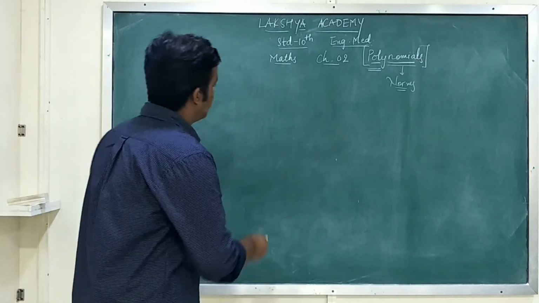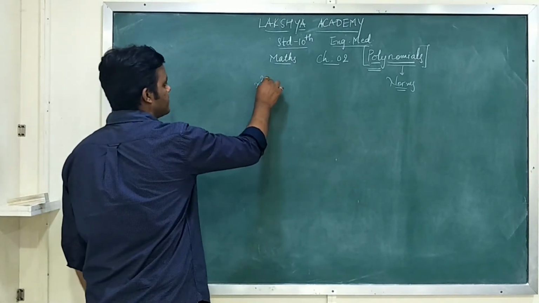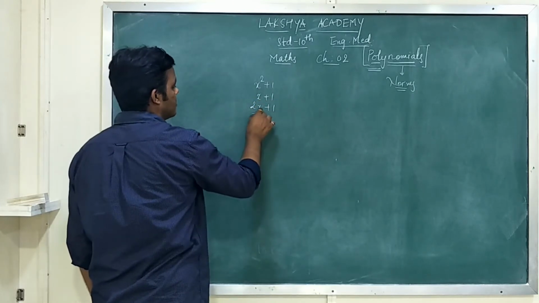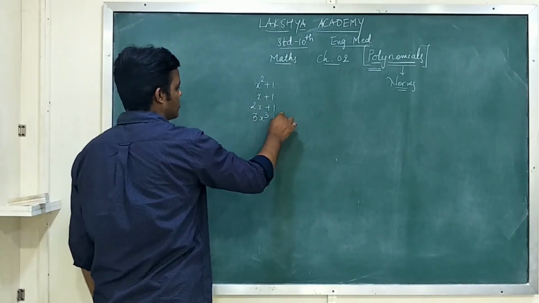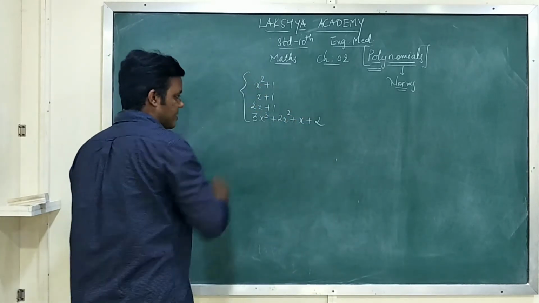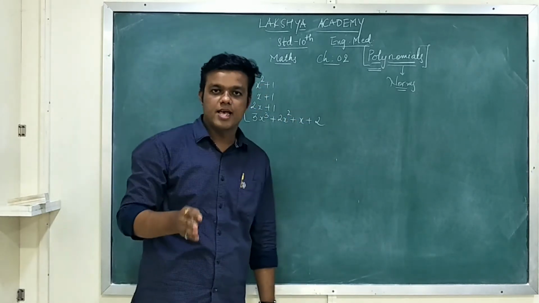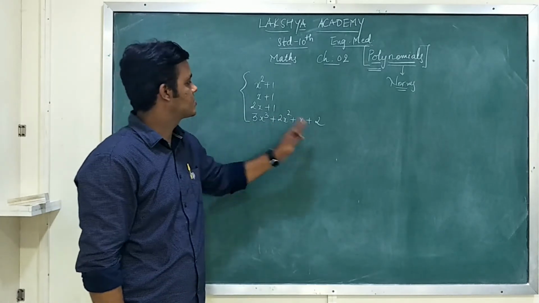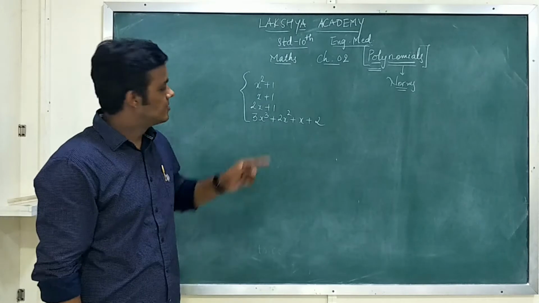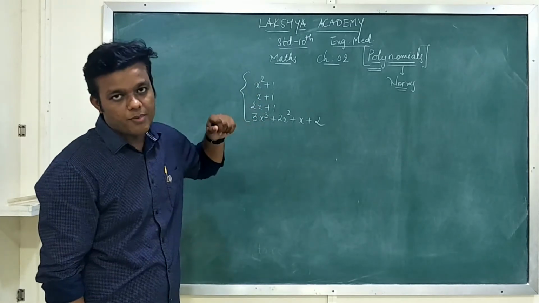As for example, x square plus 1, x plus 1, 2x plus 1, 3x cube plus 2x square plus x plus 2. These are the basic examples of polynomials having multiple terms in each and every equation. Right? This is a single variable polynomial.